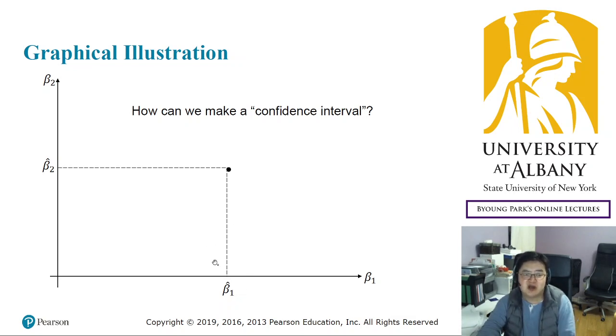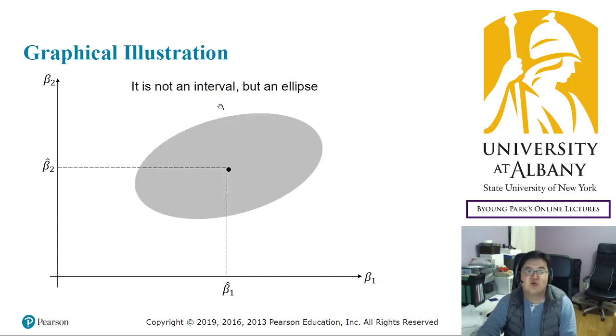How can we utilize the standard errors for beta 1 and beta 2 at the same time? You may consider a box, a rectangle. The rectangle could be one possibility, like making a band here. You can make a rectangle, but what we do is an ellipse.